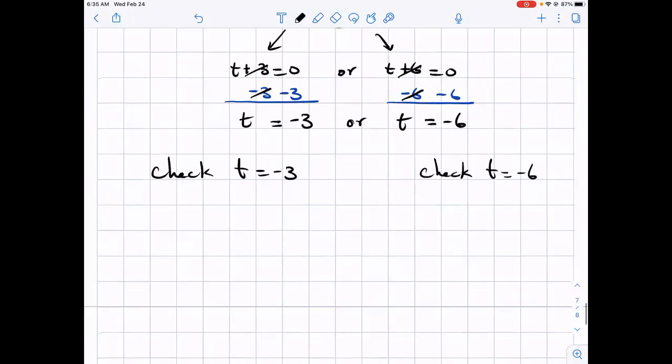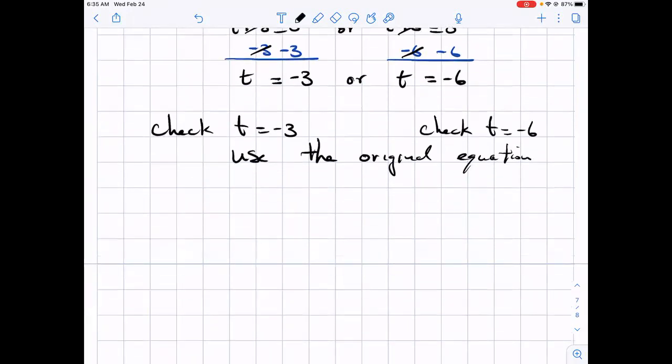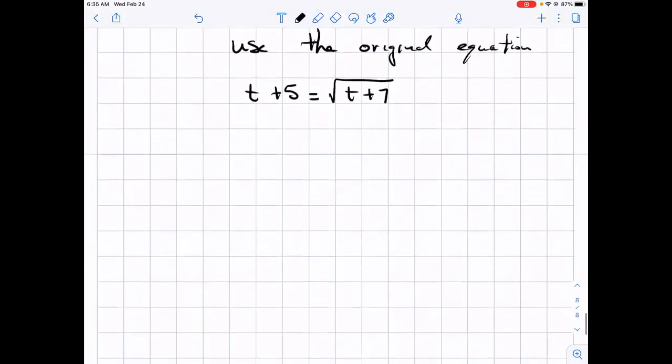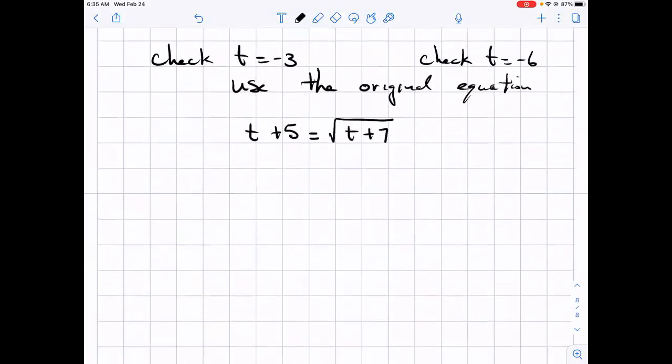And remember, we use the original equation. So the original equation for us is t plus 5 equals the square root of t plus 7. So let's see when t is equal to negative 3.